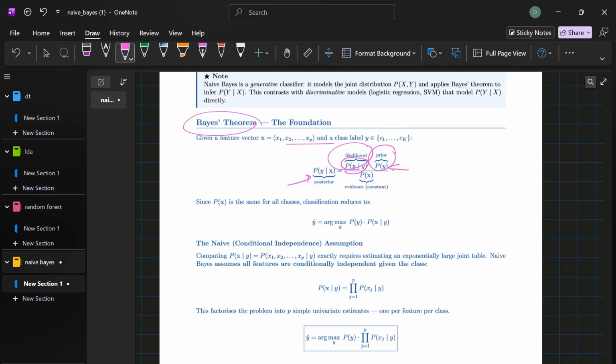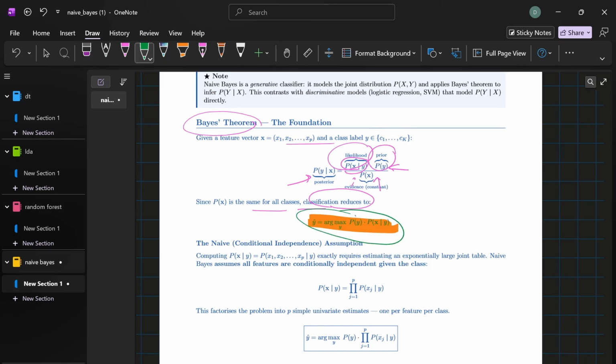The denominator p of x is the same for every class, so whenever we are trying to find the most likely class, we can completely ignore it. Classification just becomes finding the class y that maximizes p of y times p of x given y.